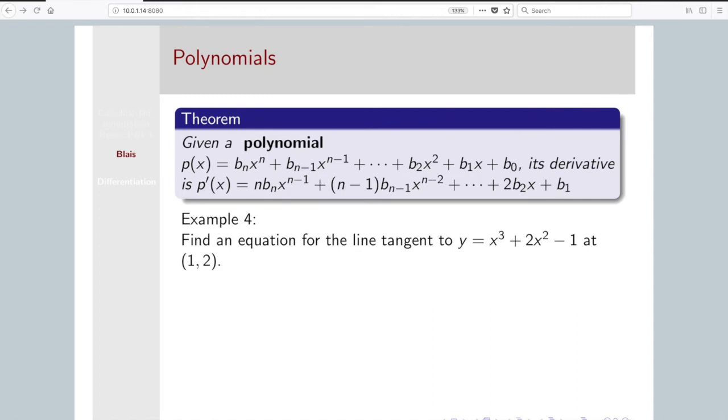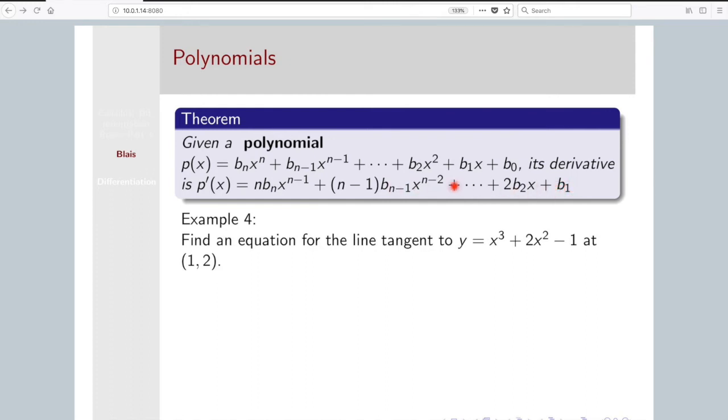One repercussion of this is that if we have a polynomial, and this expression is just a general way to write a polynomial, x to the n would be the highest power of x appearing in the expression, b_n is its coefficient, and then we have all the lower order terms. If you have a polynomial like this, to get its derivative, we have the following expression.